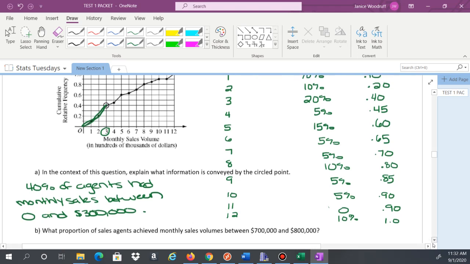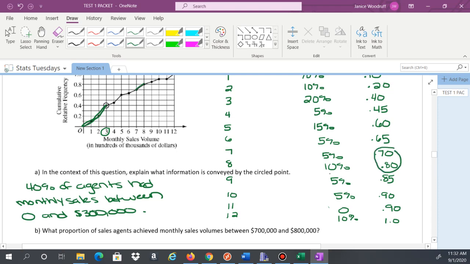So let's look at this. What proportion of sales agents achieve monthly sales volumes between 700,000 and 800,000? So what points on the graph are those? Yeah, 7 and 8. So you're looking at this point to this point. There's a difference of what percent? Yeah, it's 0.1. So if I go from 7 to 8, you go from 0.70 to 0.80.